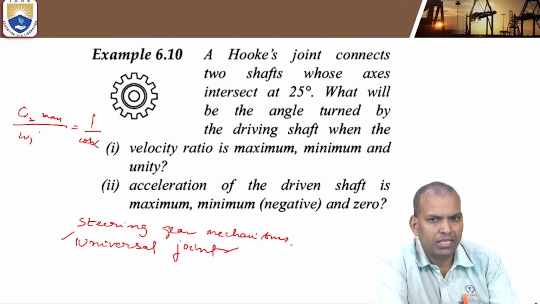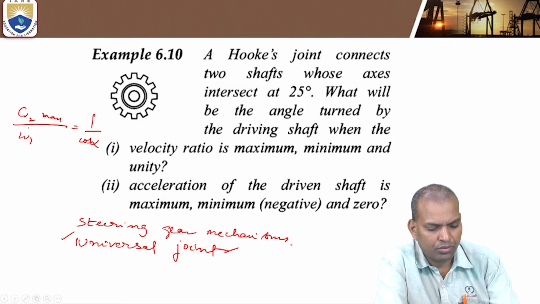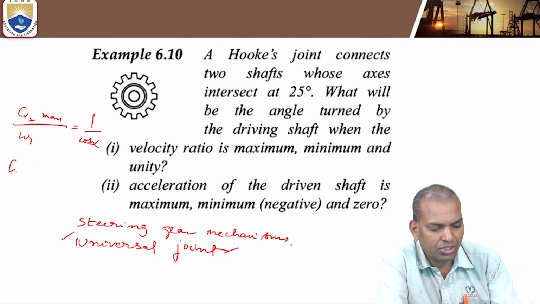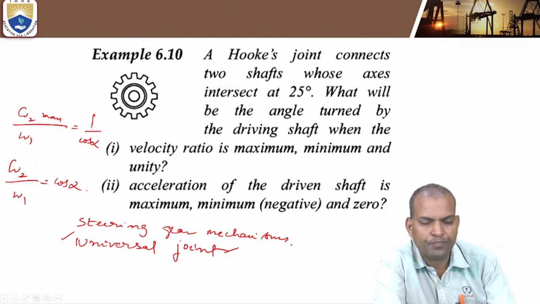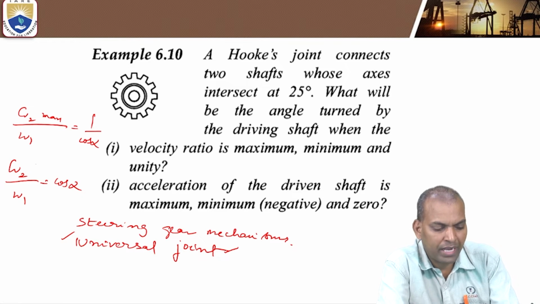Here alpha is the angle of inclination between the axis of the driving shaft and the driven shaft. And for the minimum velocity ratio, omega 2 by omega 1 equals cos alpha. Now, how do we solve for these velocity ratios, the maximum speed of the driven shaft and the minimum speed of the driven shaft?